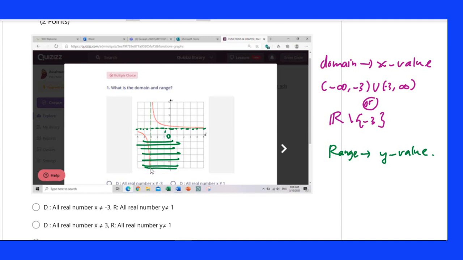So from negative infinity, Y goes up to 1, stops, and continues from 1 to infinity. So no graph when Y is equal to 1. We can conclude that the range, the Y value, is from negative infinity to 1, union 1 to infinity, or all real numbers except 1.